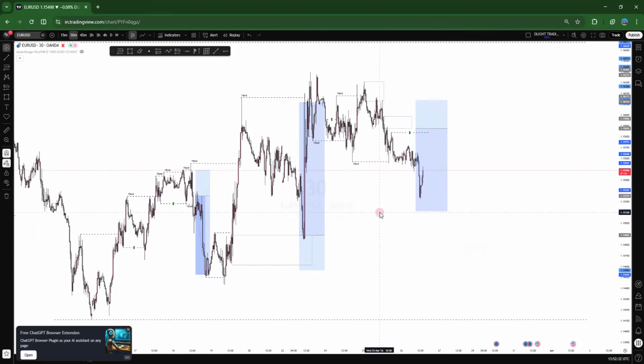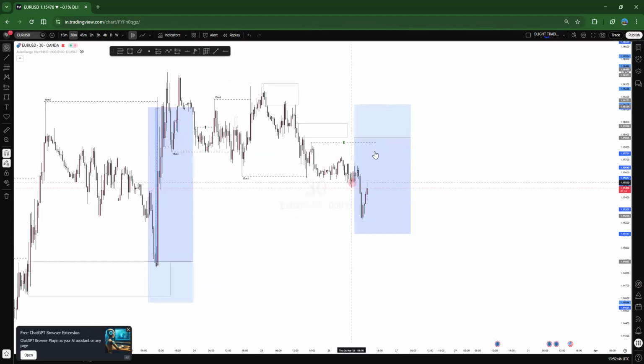A limit has been set on EURUSD. Now all I have to do is wait for price to take all of these out, then trigger me right around here to sell.